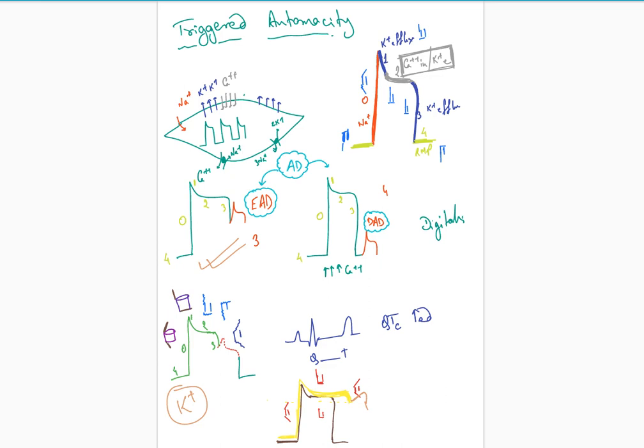Phase 3, look at phase 3. Phase 3 is because of what? Potassium or calcium? It's all written on the screen. I just now told it. Is phase 3 occurring because of calcium or because of potassium?